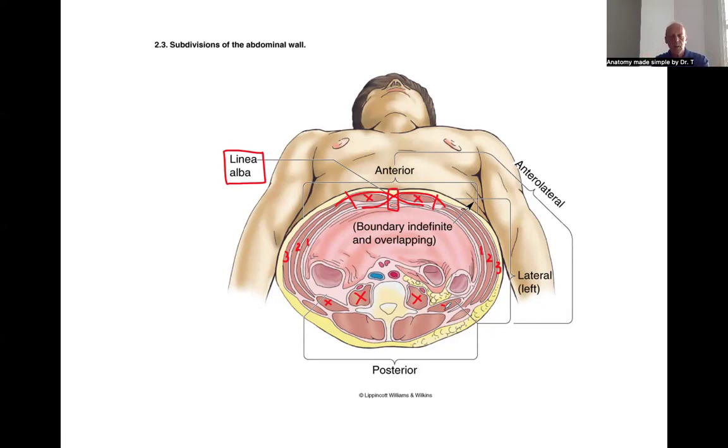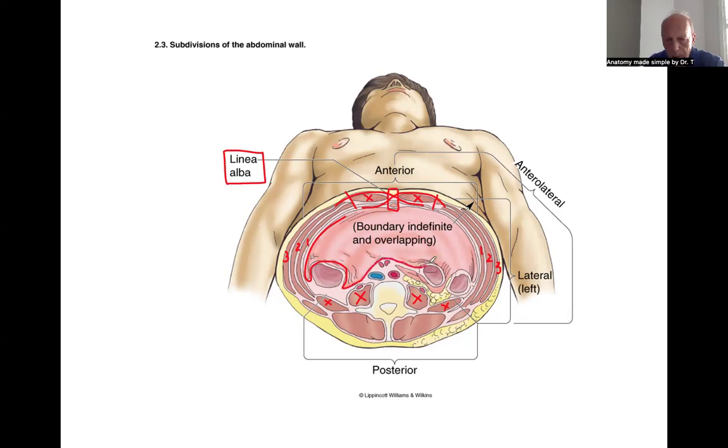Now, the space itself appears to be quite large, as it is. And on this diagram, you see a couple of structures that are left in place for us to grasp another concept. So if you follow what I'm going to do now with my cursor and go all around this diagram, I will tell you what I'm doing right now.